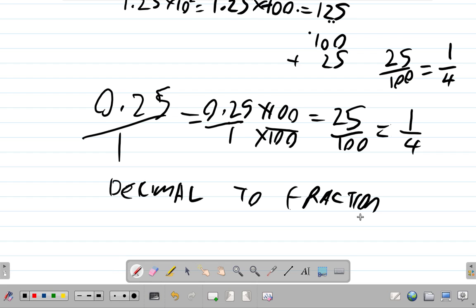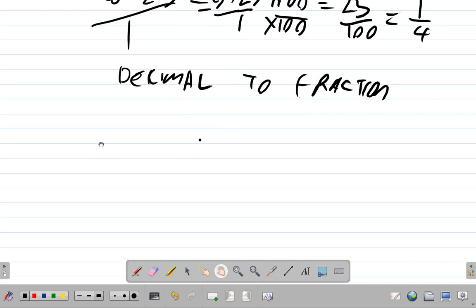Now, if you have a decimal and you want to convert it into a fraction, you say the decimal, such as 0.0125, put it over 1. Then you think about which number you can multiply the numerator by to get a whole number.